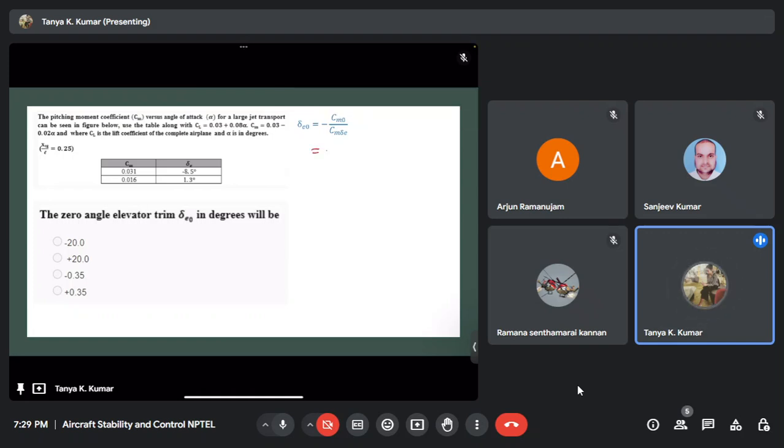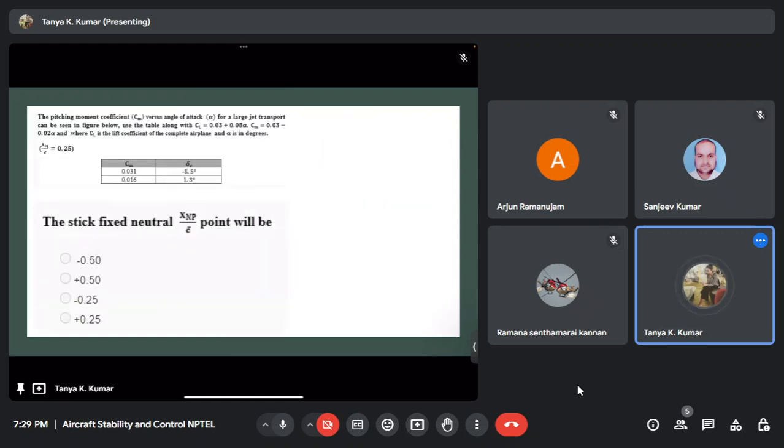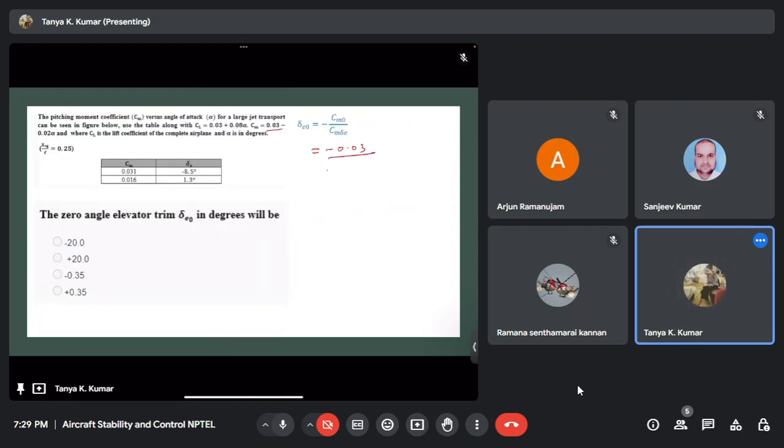Straightforward. So minus Cm naught, Cm naught is 0.03. Same Cm delta E we found out in the first question, which is minus 0.015. This comes to 20 degrees.